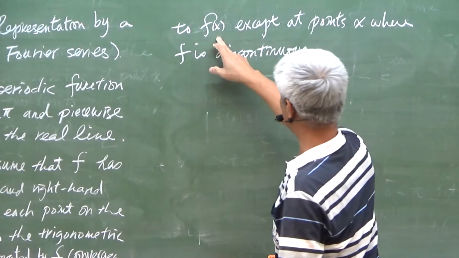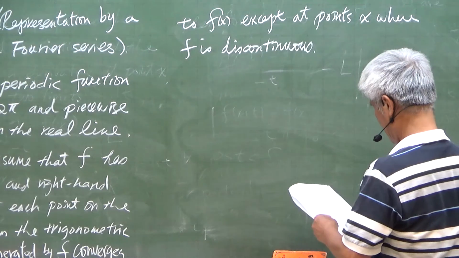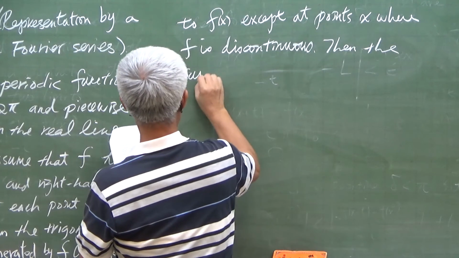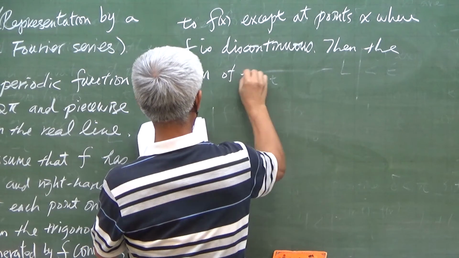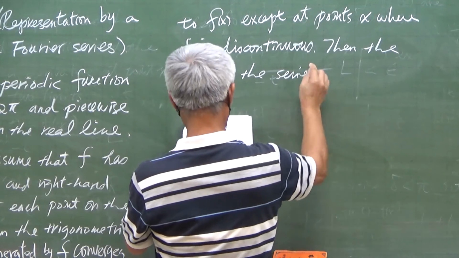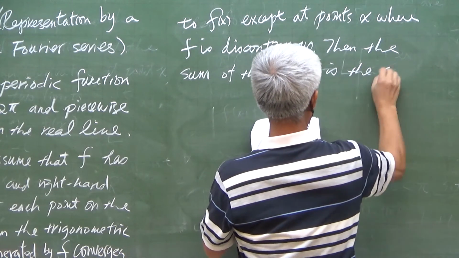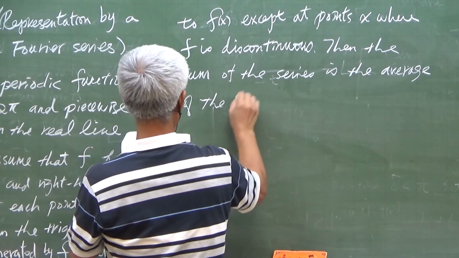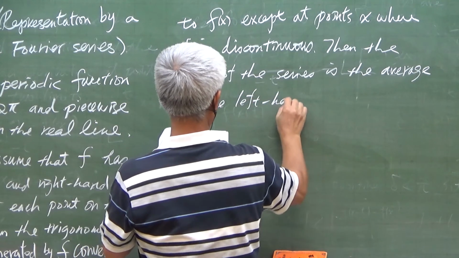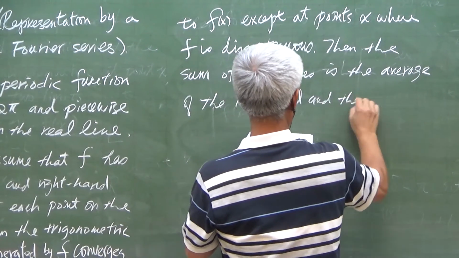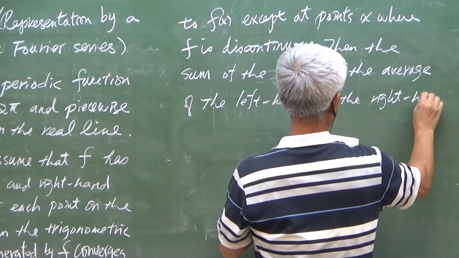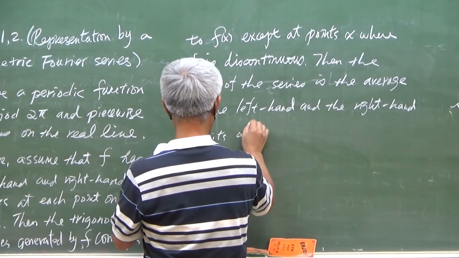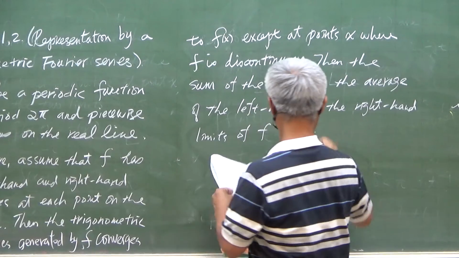And if f is not continuous at x, then the sum of the series is the average of the left-hand and the right-hand limit of f of x.